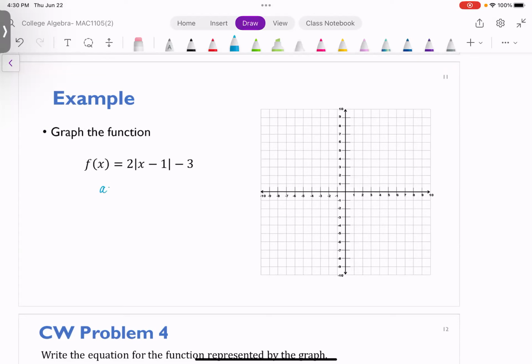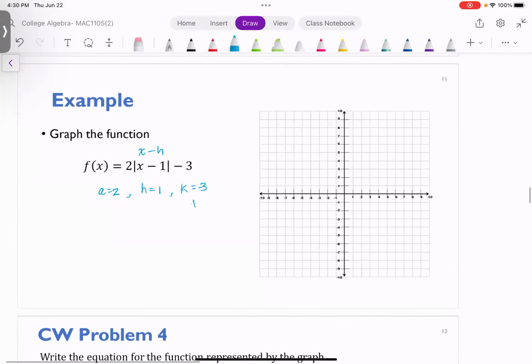Here we have a is equal to 2, h is equal to 1 because we have x minus h in our formula, and k is equal to negative 3. That means we're going to take our original graph of f of x, our V-shaped graph, and we are going to shift it down 3 units, right 1 unit, and we're going to make the slope on the right positive 2 and the slope on the left negative 2.